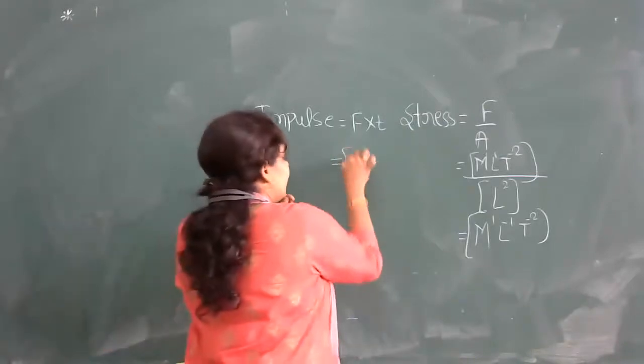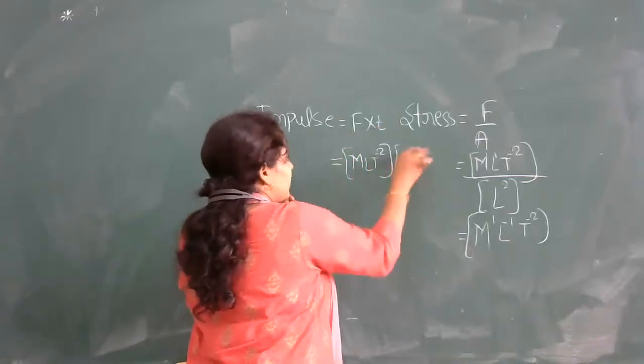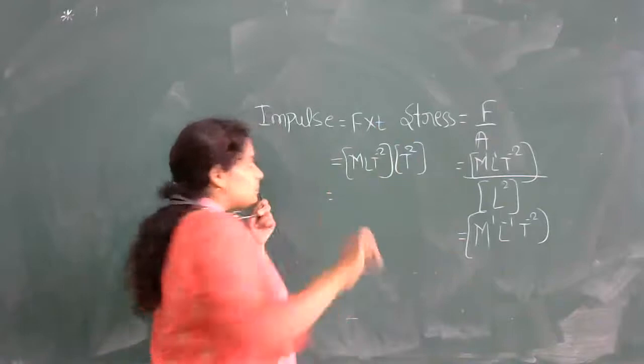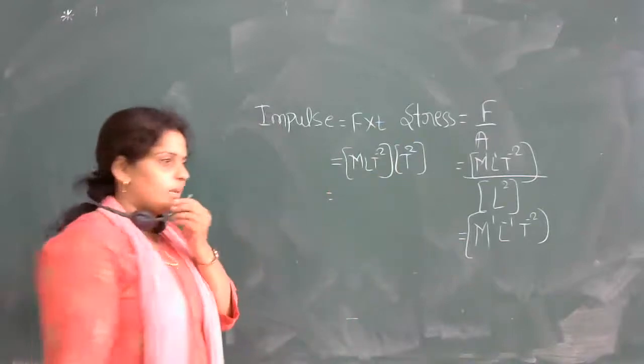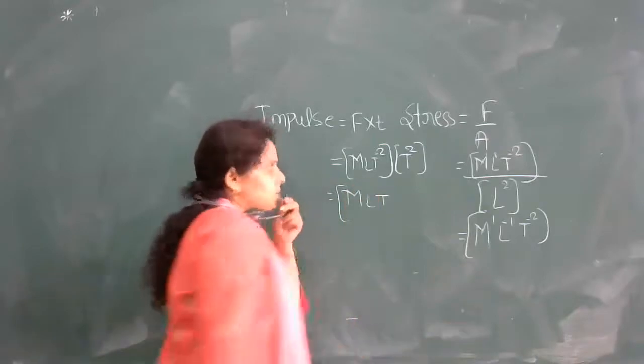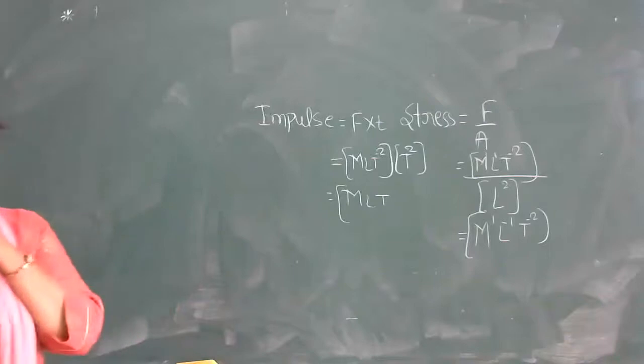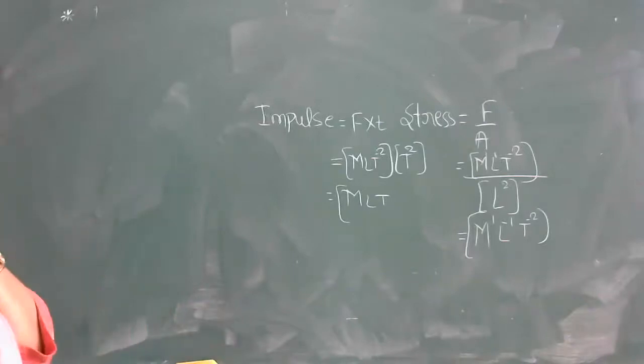It is M L T raised to minus 2 into time. Therefore you can write it as M L T raised to, minus 2 plus 2, which is 0.